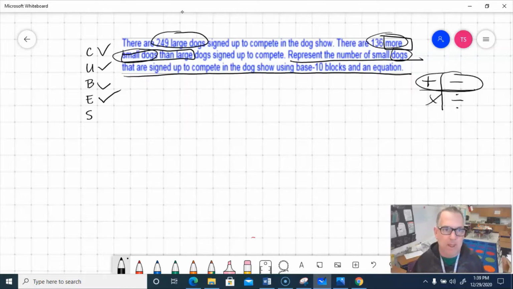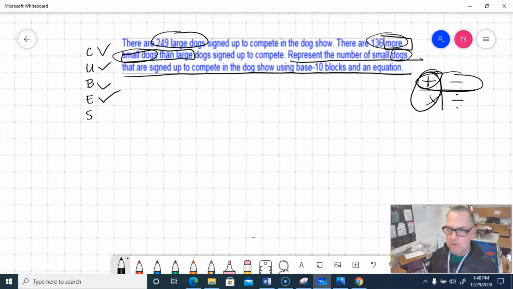Okay, I'm also going to look at the fact that it's asking me about small dogs. And right over here it said there are 136 more small dogs than large dogs. So my answer is going to be larger than 249. There are only 2 operations that I can use to make things larger, and that's addition and multiplication. And you see I circled addition twice, so there's a pretty good chance I'm going to be adding in this problem.